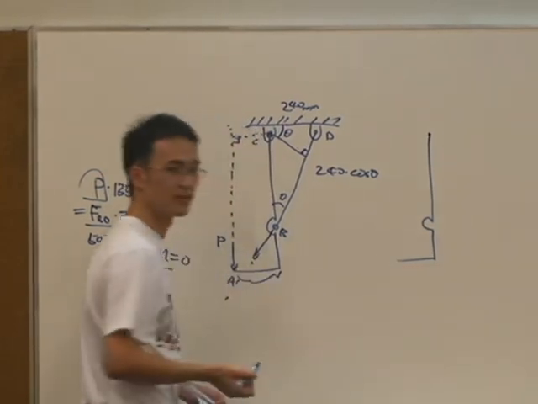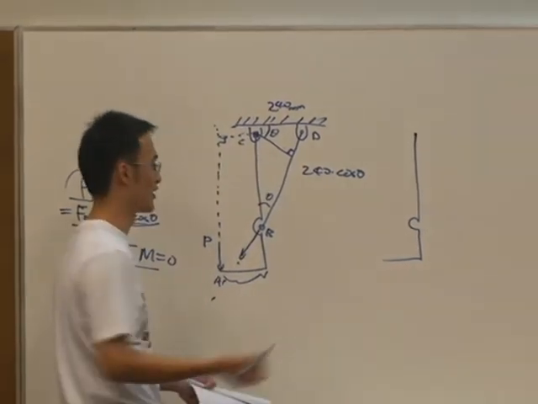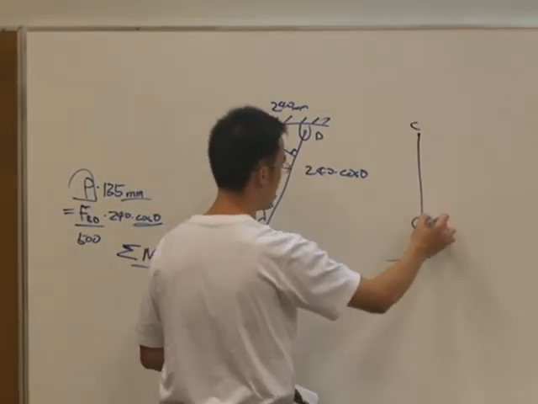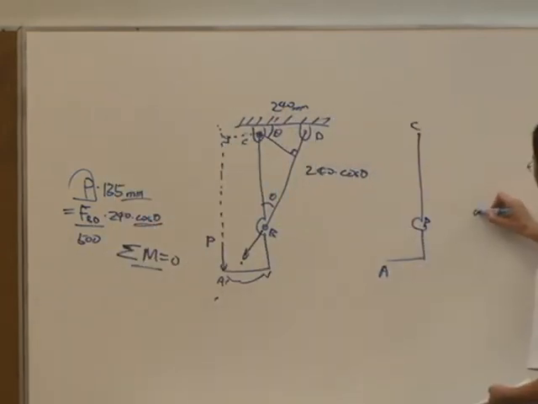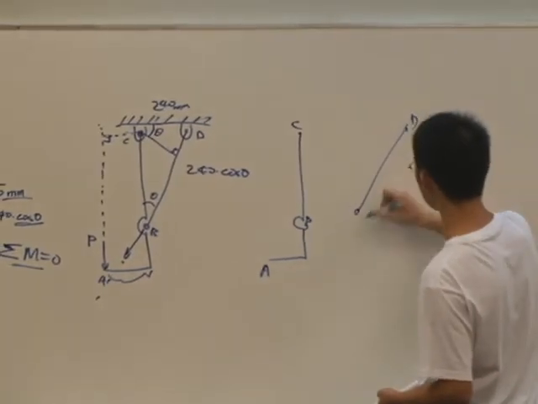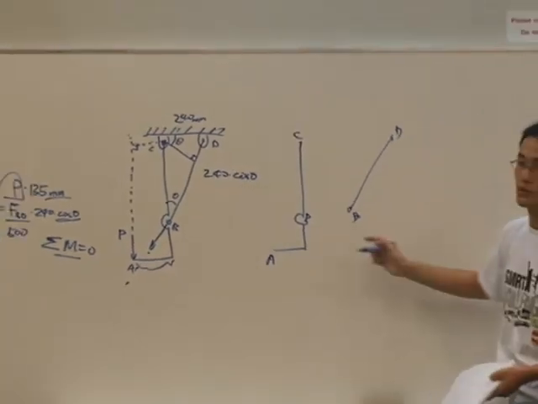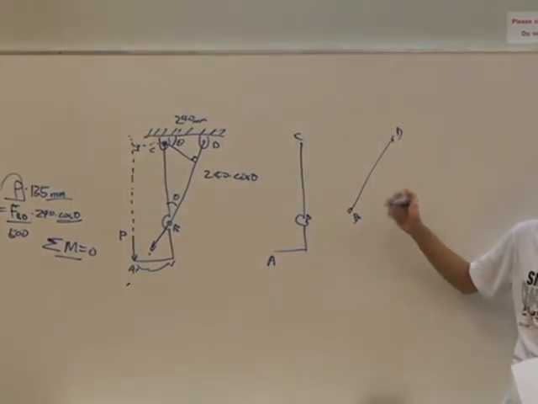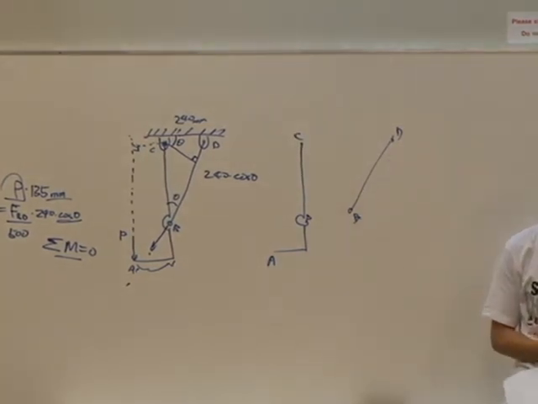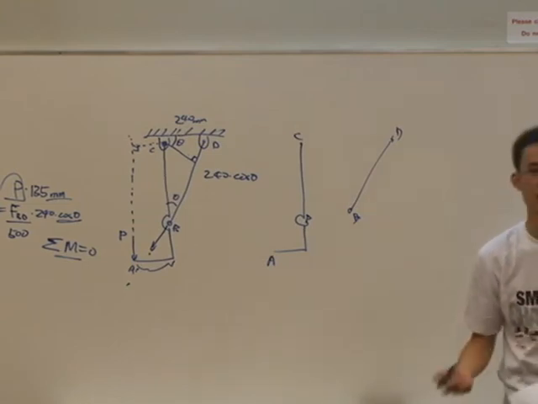Actually, I didn't draw, but it's equivalent to drawing. So this CBA is the first object, and the second object is this member BD. By drawing the free body diagram of BD, we know that the force is in this axial direction. So we get our very first information.